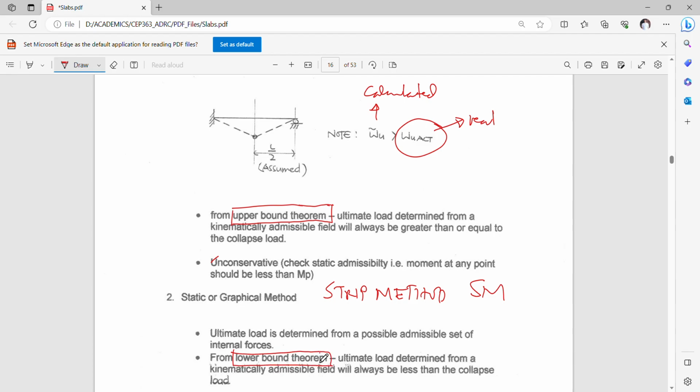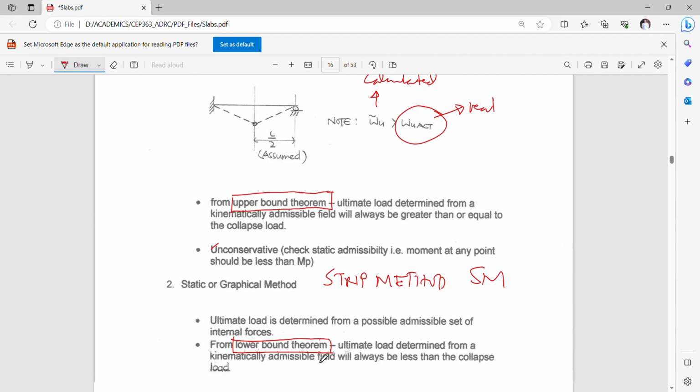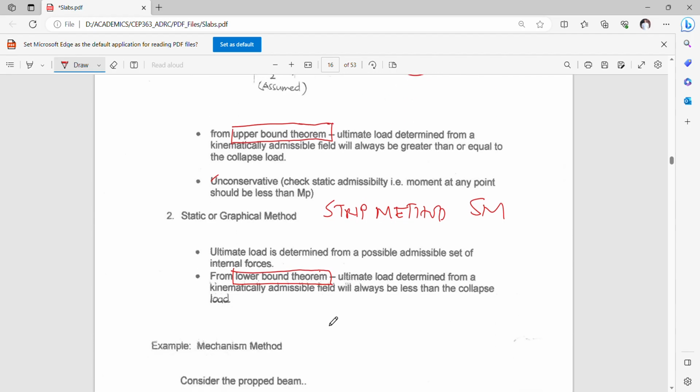Simply because your calculated ultimate load is always less than the actual load. So this is more conservative than the first one, since the ultimate load determined is always less than the absolute.